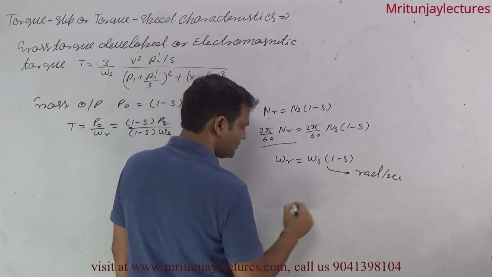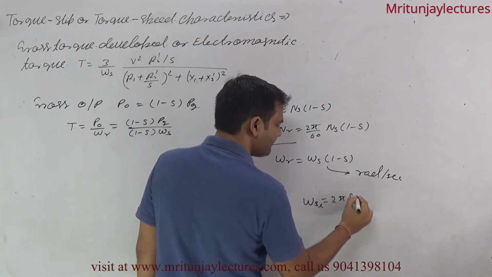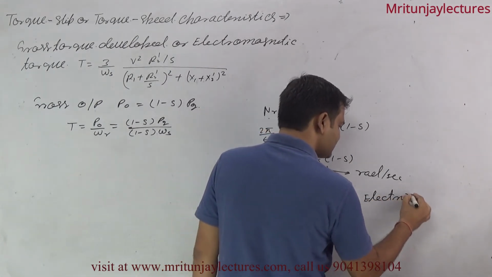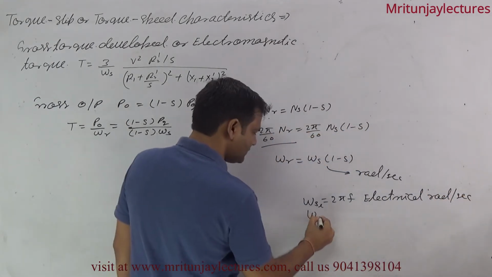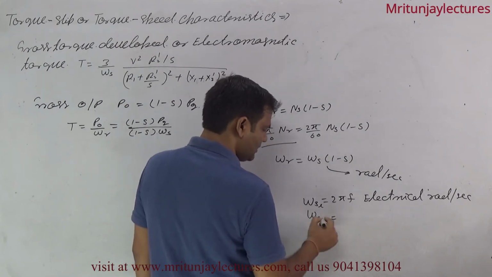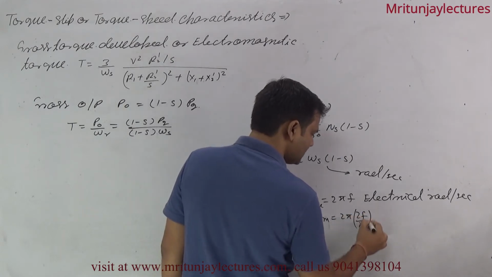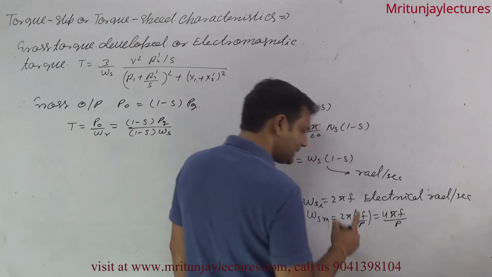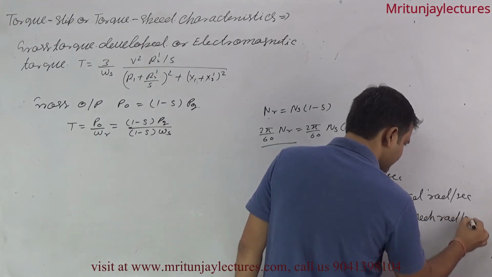And this one is also, you know that omega S for electrical is 2 pi f. It means electrical radian per second. And you know that omega S m is written as 2 times 2 pi f by p, that is 4 pi f by p, that is mechanical radian per second.